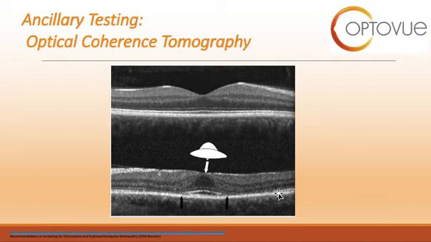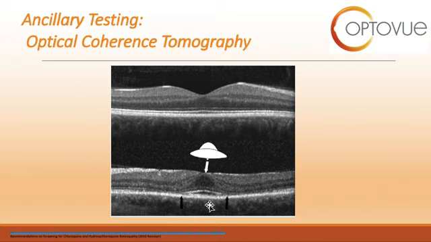It looks a little moth-eaten on this side, but the area of emphasis really is this area here, where you can see there's a complete loss of the ISOS junction and some sinking in of the outer retinal tissue, and also on this side from here to here. Okay, loss of the ISOS junction and that sinking or collapsing down of the outer retinal tissue.